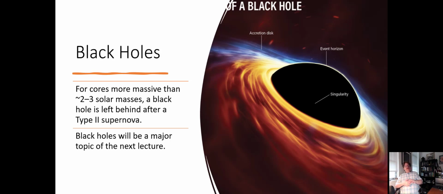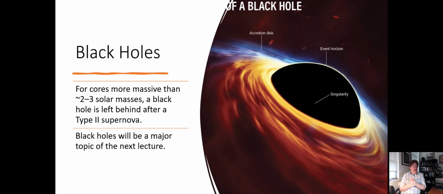And then finally, we have black holes. When you have cores that are more massive than 2 to 3 solar masses, neutron degeneracy pressure cannot resist gravity. And the core becomes what is known as a singularity. We believe singularities are masses that have no radii.